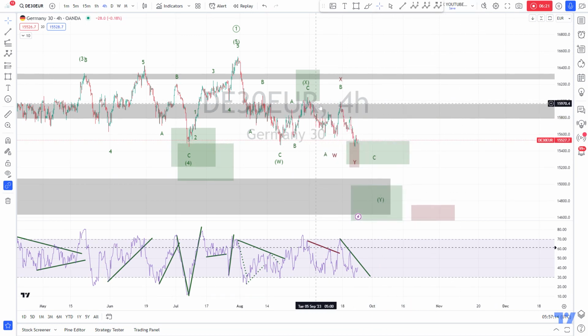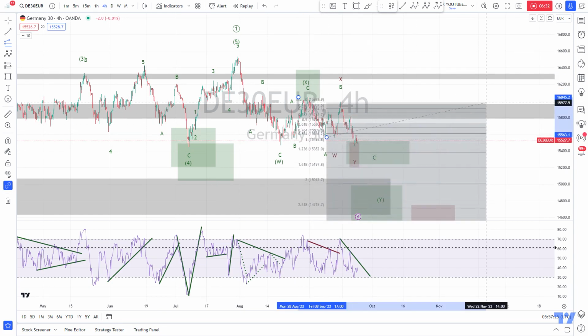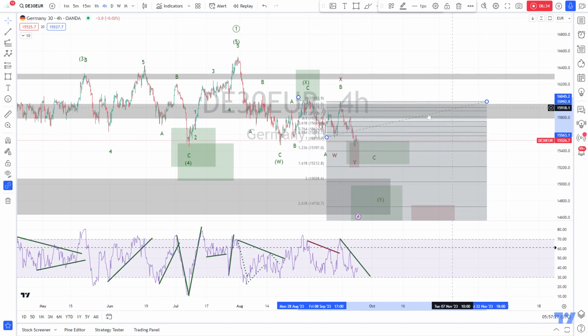Now, if we have the secondary scenario as a WXY, then this here should be the wave W in 3, the wave X, and then here the area between the 1 and the 1.618 FIB extension in red is the area from where we should go up again.